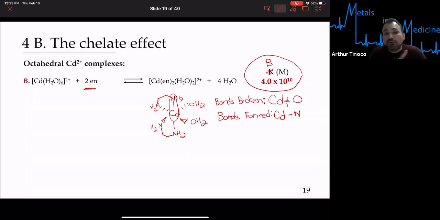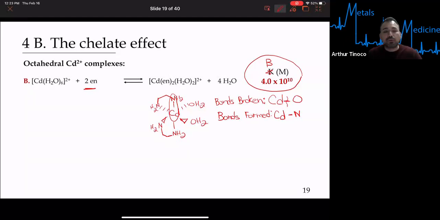And so for both examples, we did the exact same thing. We broke cadmium oxygen bonds, the same number, and then we formed the same number of cadmium nitrogen bonds. So it's not what bonds are being broken or what bonds are being formed that is actually having the impact on the formation constant, on this beta value.